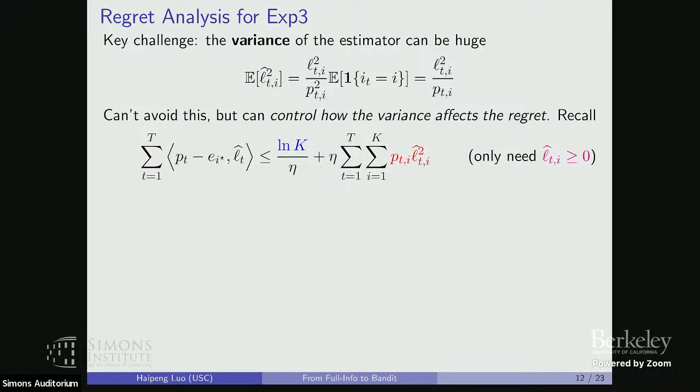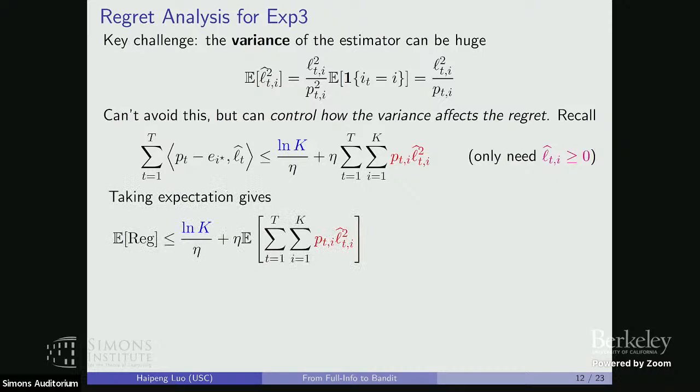Now let's see why it's important to have this. When you take expectation on both sides, on the left you basically get the expected regret, and on the right you have this. The expectation of the L hat square is just this variance or second moment, and it's actually controlled by this p_{t,i}. So you don't simply pay for the variance, but instead you pay a p_{t,i} fraction of it.